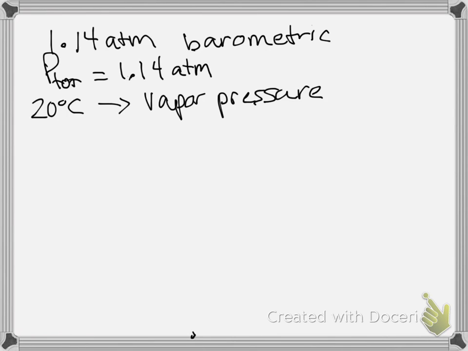So this text that I have says that the vapor pressure at 20 degrees Celsius and roughly 1 atmosphere of pressure is 17 millimeters of mercury. Actually, it's 17.5. Okay, now I'm going to have to convert that because the units of pressure have to be the same.